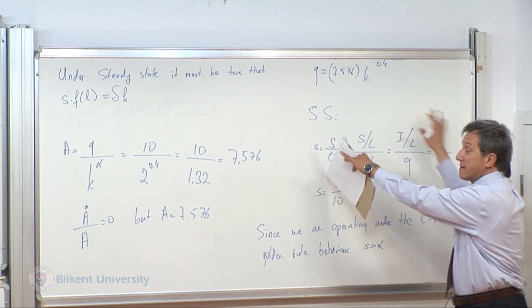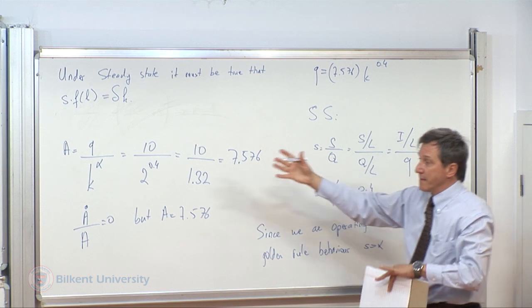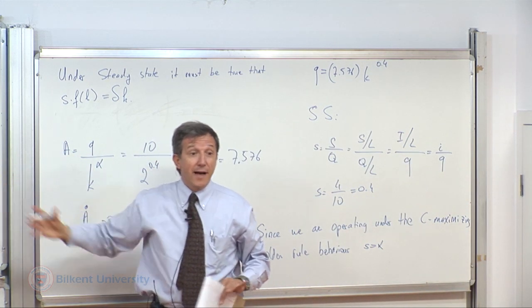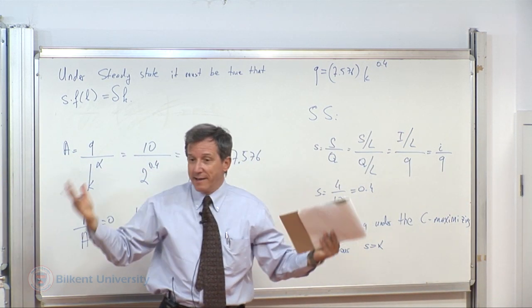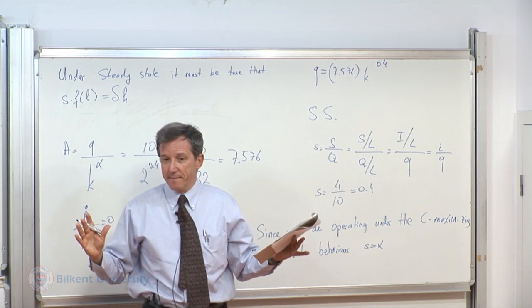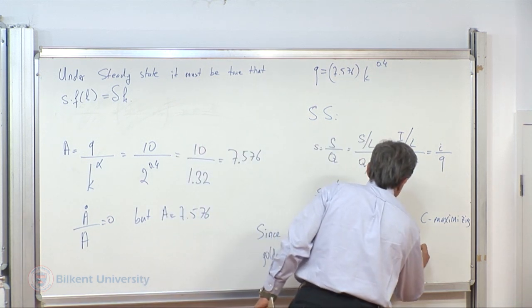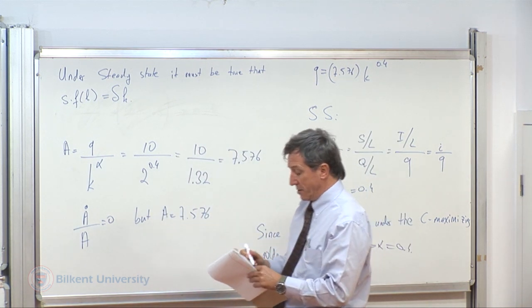If out of this exercise you arrive at a different saving rate, and you think that you are in a golden rule setting, then there must have been a mistake. So saving rate and alpha is 0.4 in this economy.